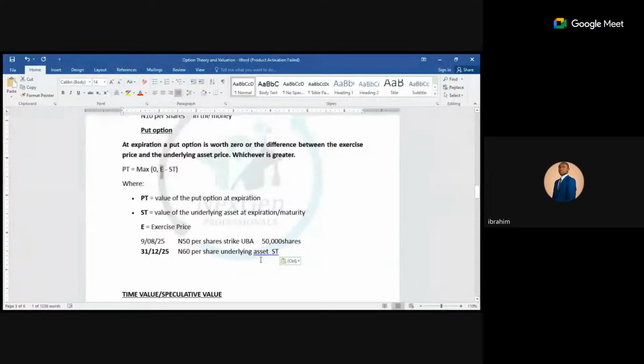An option market is real. You can check FS trading.